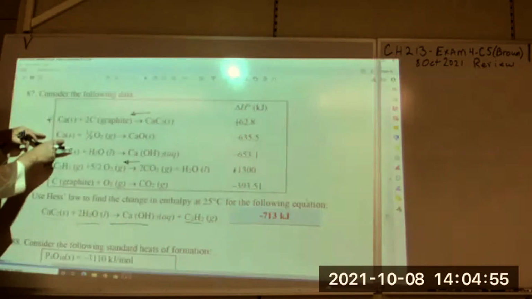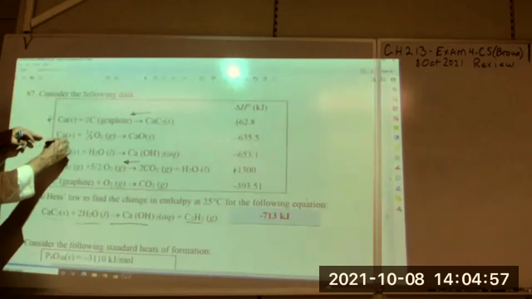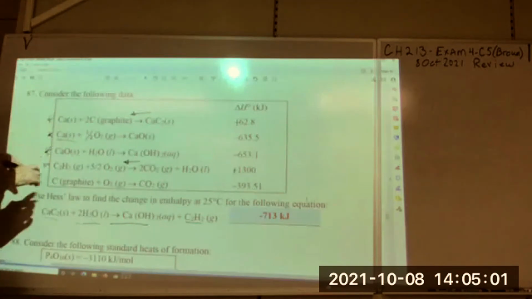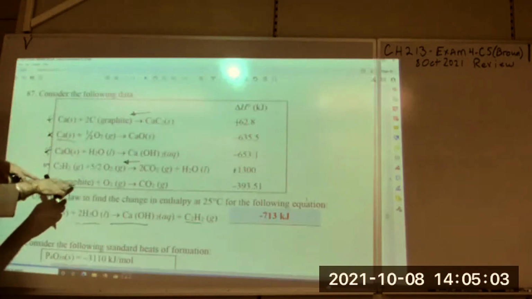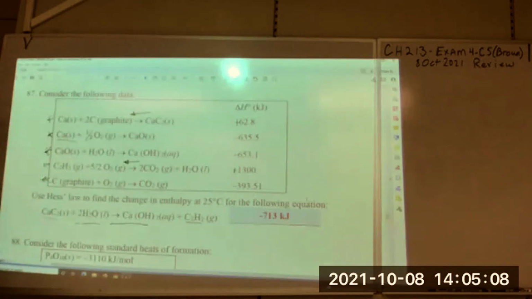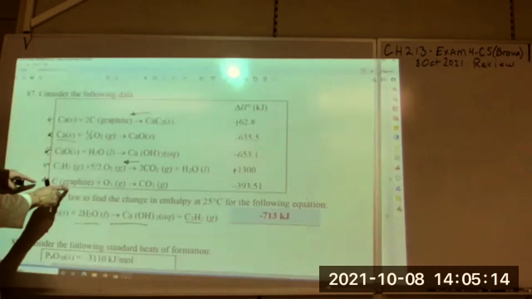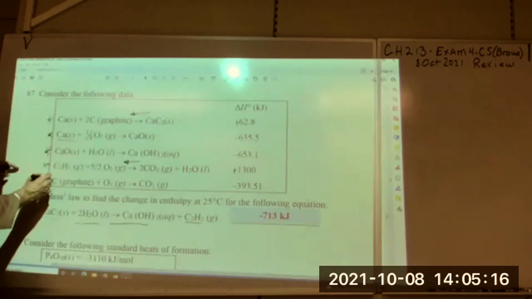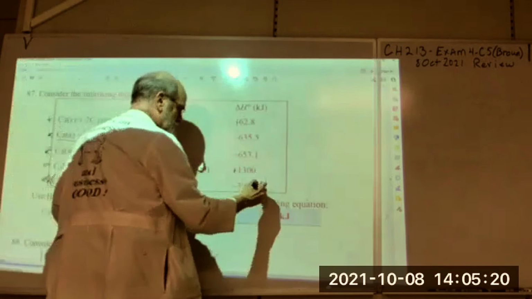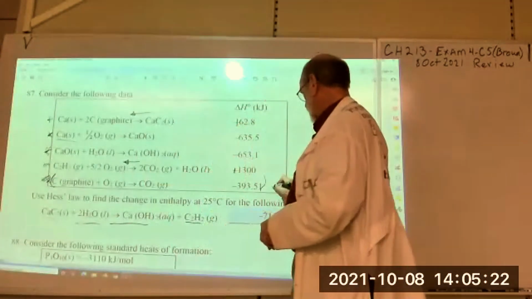There's the calcium. Okay, so that one's good. And the graphite here needs to be on this side because we flipped it. There's only one here, and there's two there. So this needs to be 2 times.